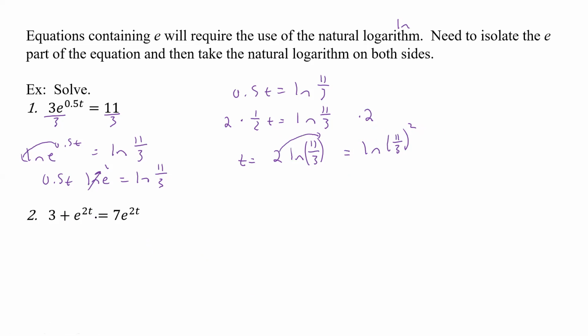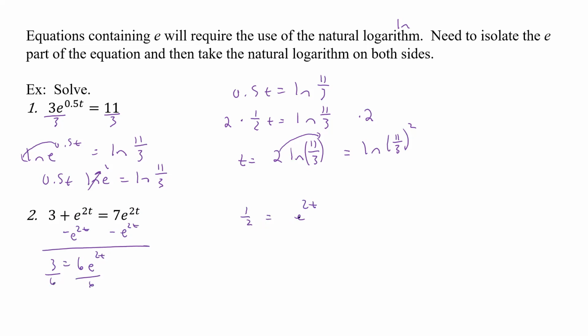All right, what about this one? Okay, well, I see we have e to the 2t, e to the 2t. So if I just have numbers in front of those, I could say, well, let's subtract e to the 2t from both sides. And what does that give me? Well, it gives me 3 equals 7 minus 1 is 6e to the 2t. Well, let's divide by 6. And so that gives me 1/2 equals e to the 2t.